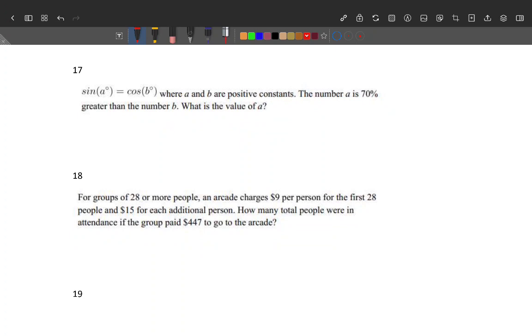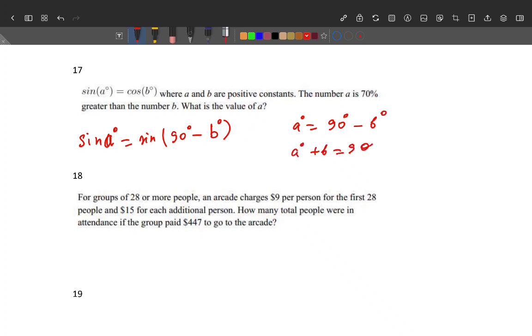Sine A and cosine B. Okay, we can write like this. Sine A is sine of 90 minus B. It means A is equal, from here A plus B is equal to 90. Okay, A is greater than this one.